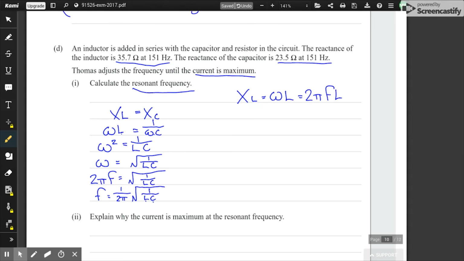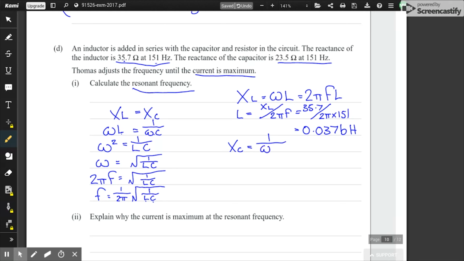If we want to solve that for L, we just divide both sides by 2 pi f, and we get that L is equal to XL divided by 2 pi times our frequency. We're given our reactance, that is 35.7, and our frequency is 151 Hertz, which gives me 0.0376 Henry.